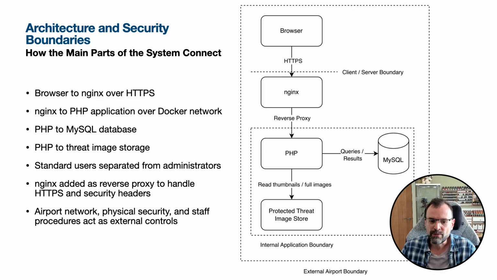There's an additional boundary between PHP and MySQL, although it's not shown on the diagram. And also we have an external boundary layer between the system and the external airport infrastructure. These boundaries are quite useful because it helps STRIDE become much more concrete, and we can tie it to real data flows rather than fairly abstract categories.